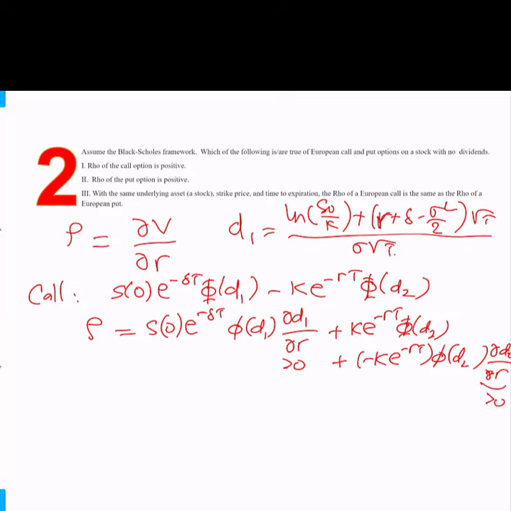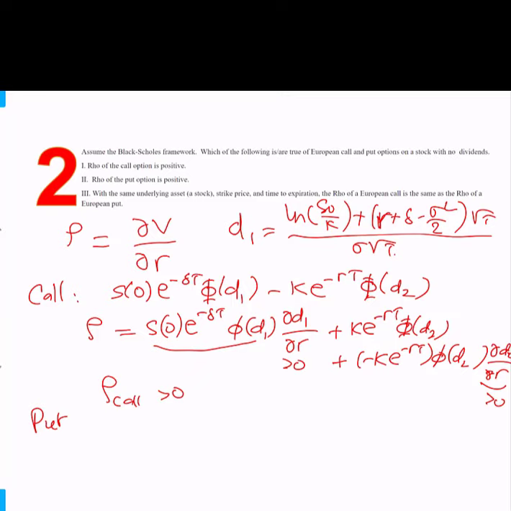This is positive. This is also positive. And we notice that this part is positive. This one is positive. So basically we got rho of the call option is always positive, right? You can take a look at each of these. You're going to see it. This is going to lead to a positive term.